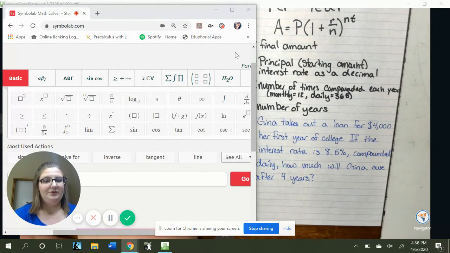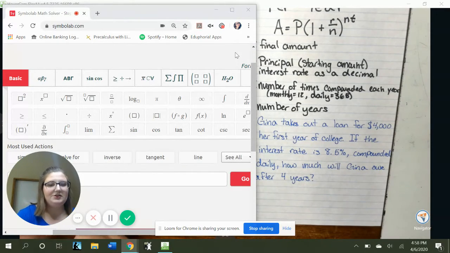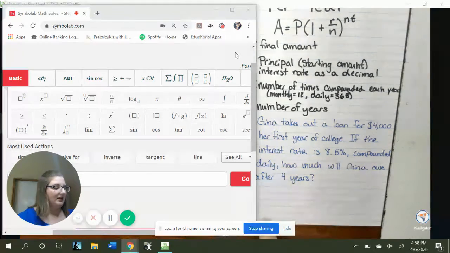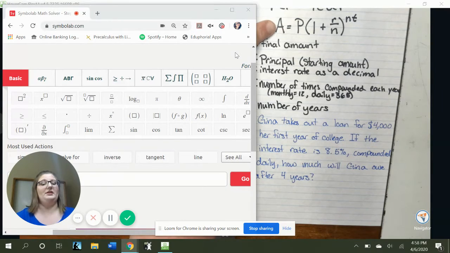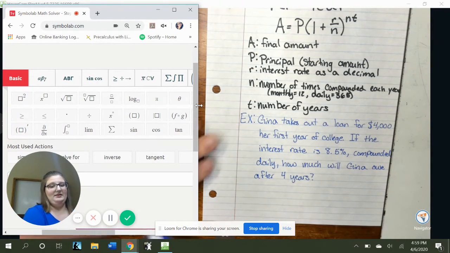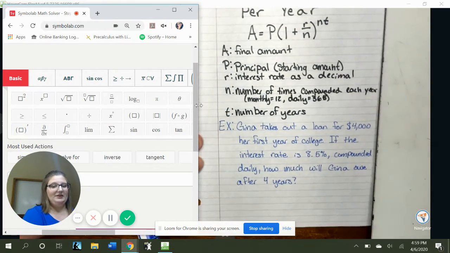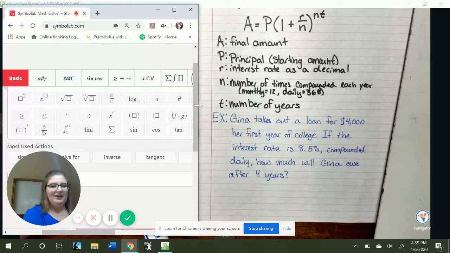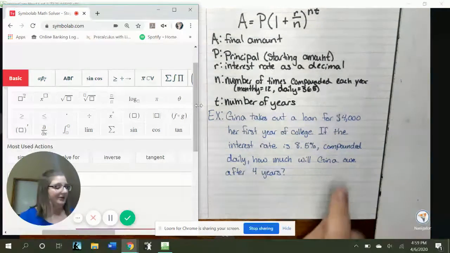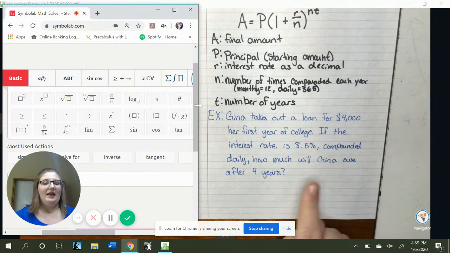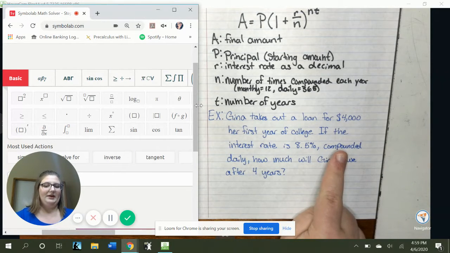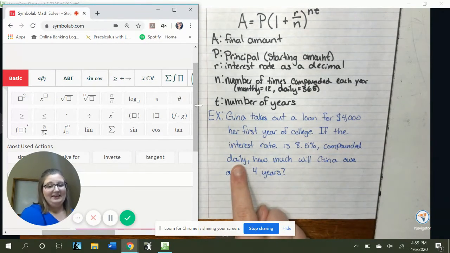To start off with, we need to make sure we're using the correct formula. Reading our problem, and I'm going to try and make it a little easier for you to see. All right. It says she takes out a loan for $4,000. We have our interest rate, and it says right here, this is the important part, compounded daily.